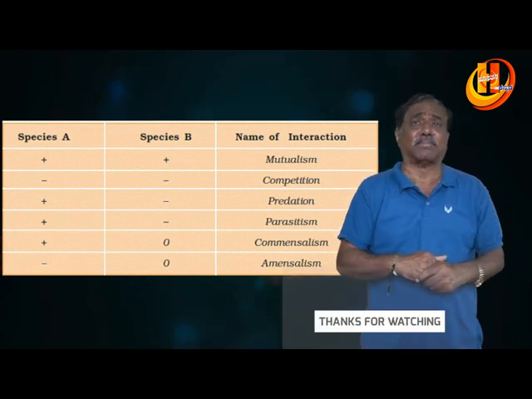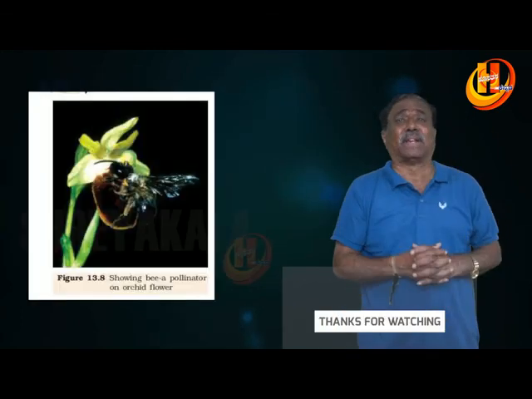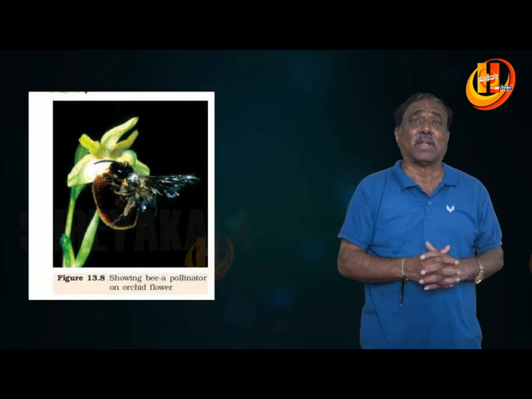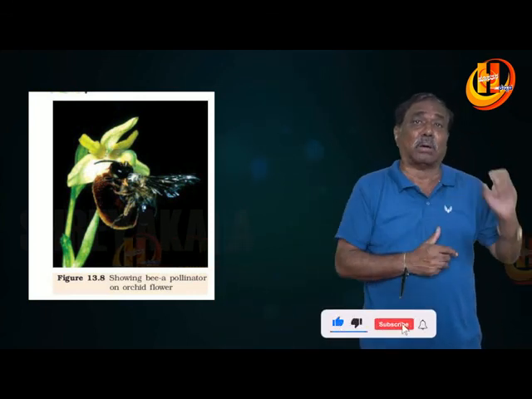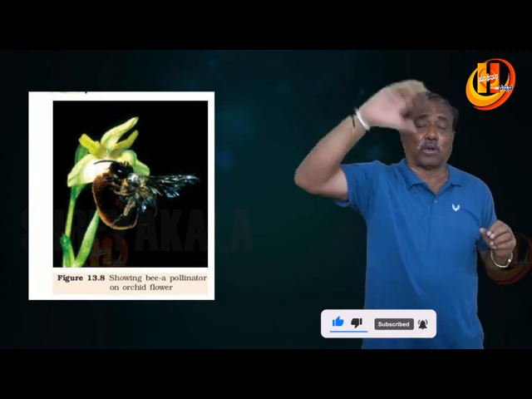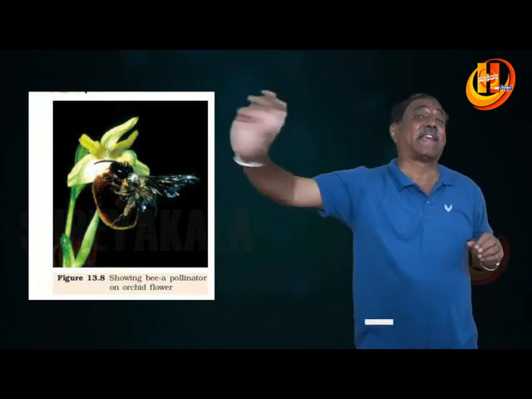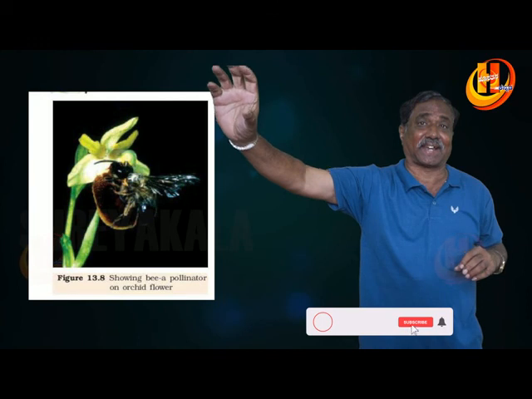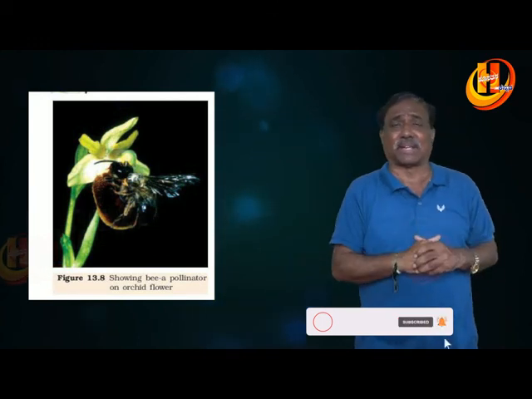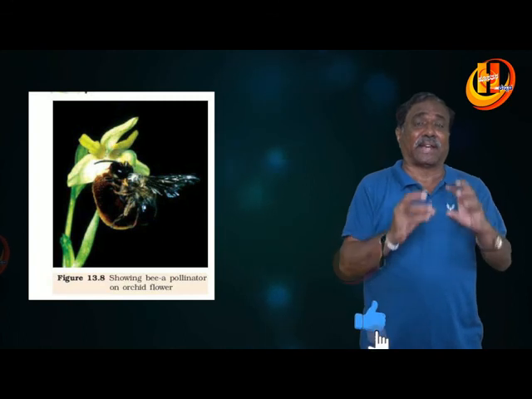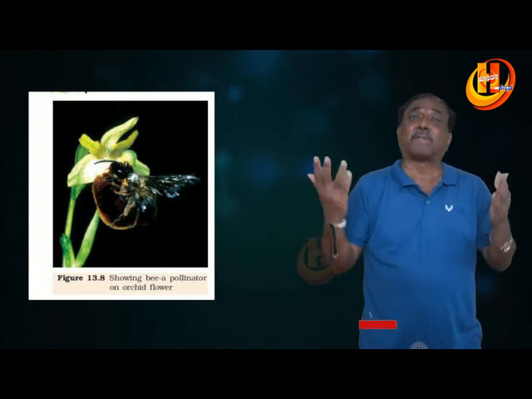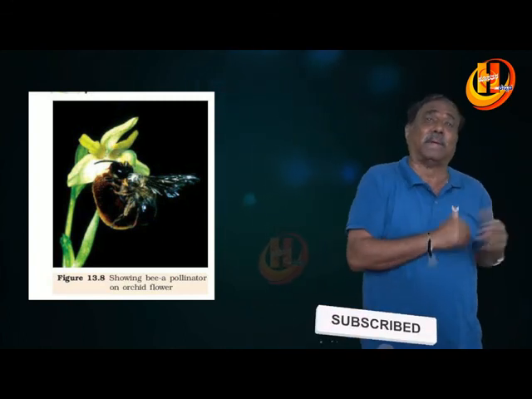But a fascinating example can be seen in the interaction between the bumblebees and Ophrys, that is Mediterranean orchid. A fascinating type of mutualism can be seen. This Mediterranean orchid has a petal which resembles the female bumblebee.